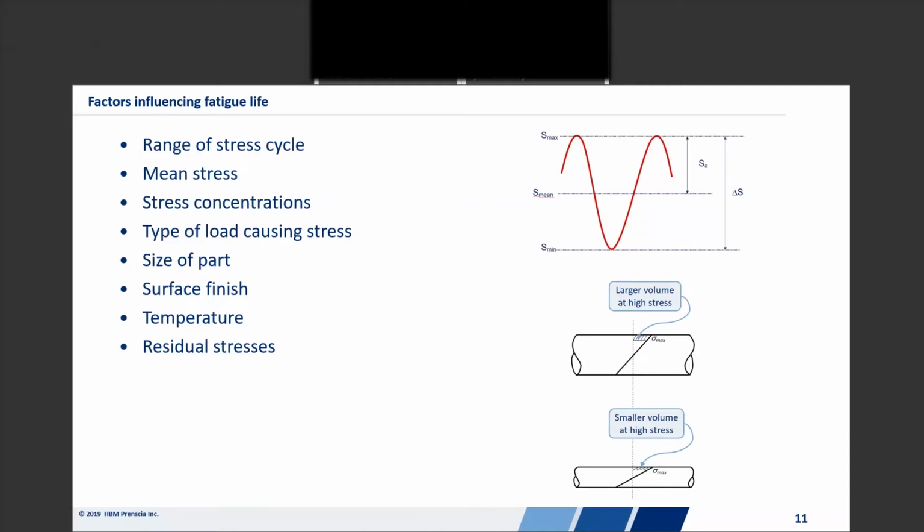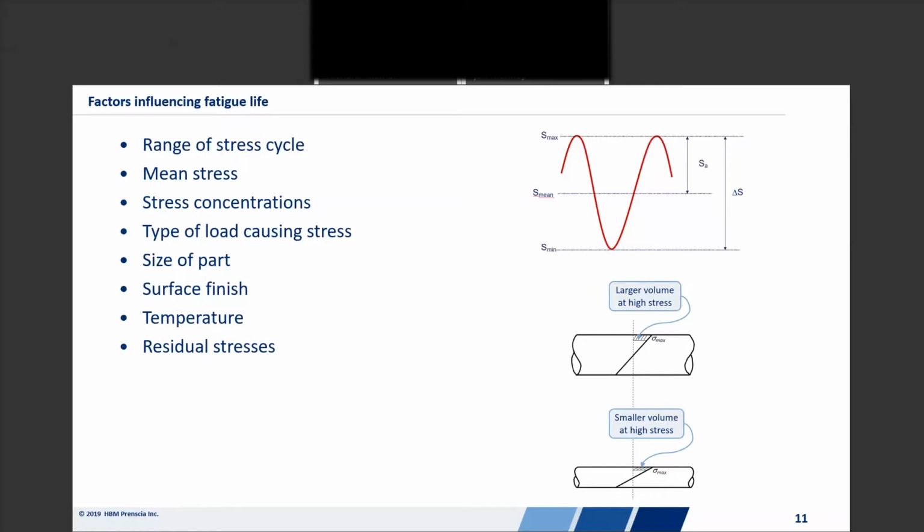There's a variety of things about the geometry and the loading that are important. Things such as the type of stress concentrations in the part, the type of loading that's causing the stress, whether it's tension versus bending versus rotating bending, the actual size of the part.